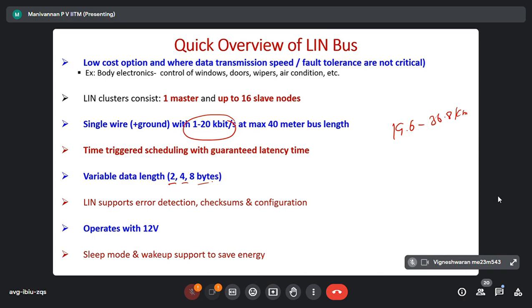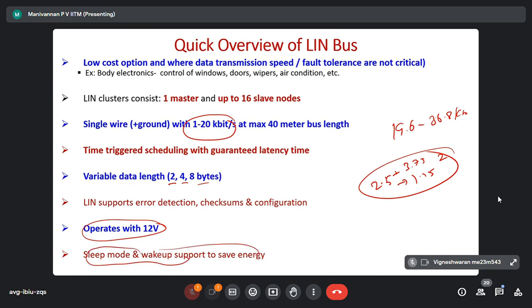It works with 12 volt, whereas on the CAN bus the data is transmitted with plus 2.5 volts to 3.75 or 1.25 with a 2 volt difference. CAN is a differential bus, but this is not a differential bus. It works with 12 volt, and it supports sleep mode. I told you, wake up, all those things to save energy. Once you are driving your vehicle, you are not going to open the door, all those things. Most of the time, these LIN ECUs can be in sleep mode, so save power.